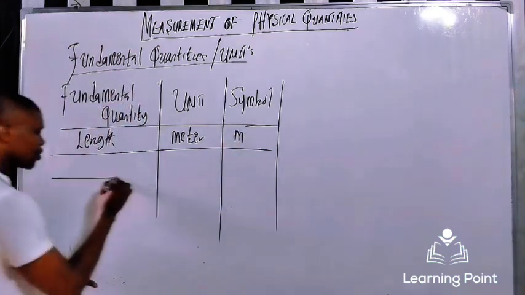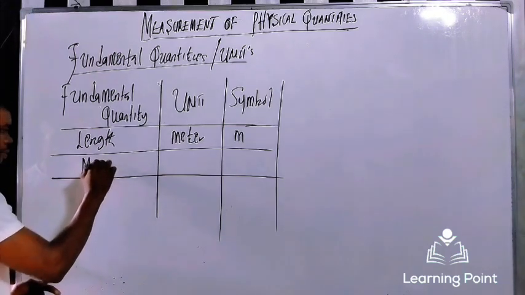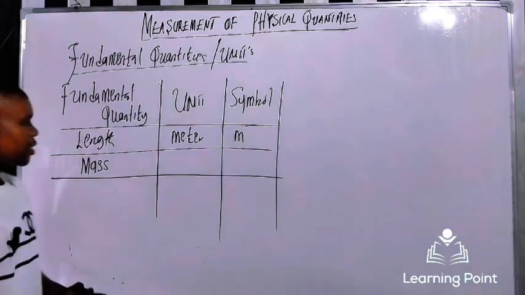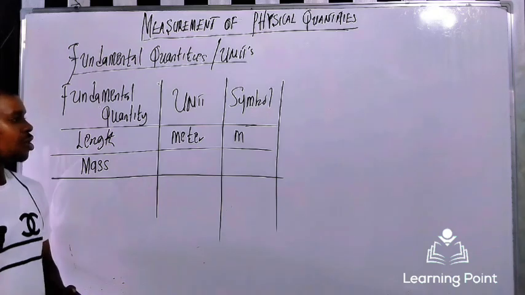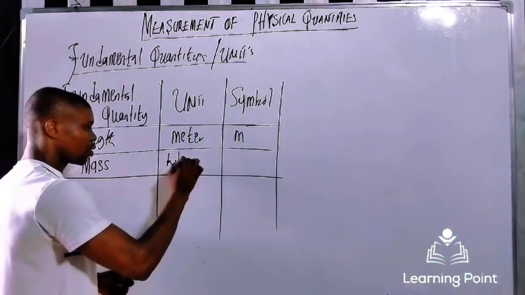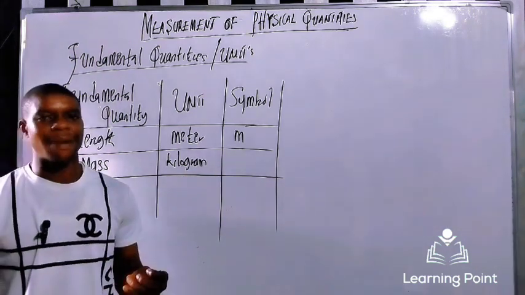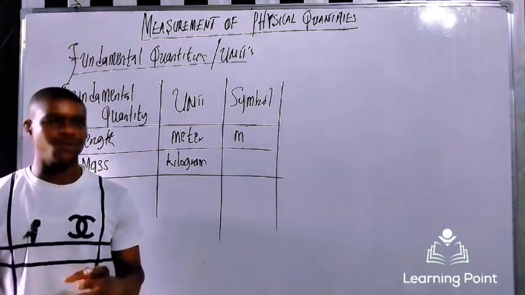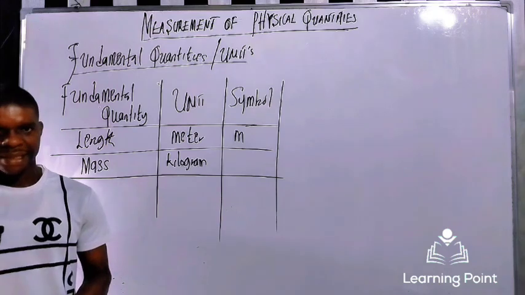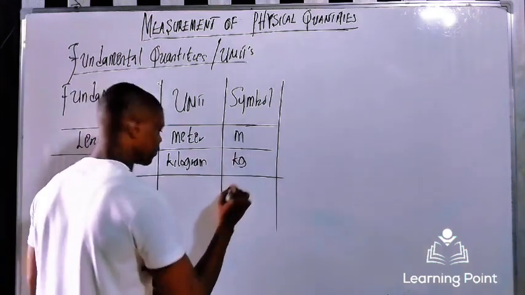The next one is mass. The unit of mass is the kilogram. In chemistry, we use gram as the unit of mass, but in physics, we use kilogram as the unit of mass. You understand? So we write kg.